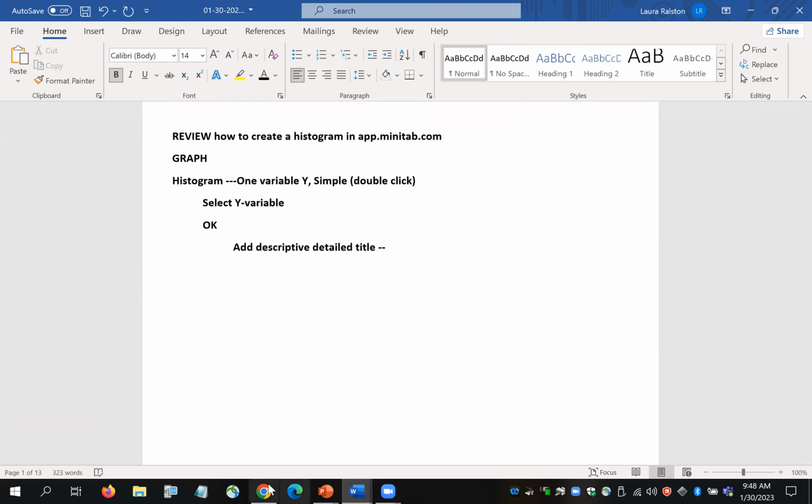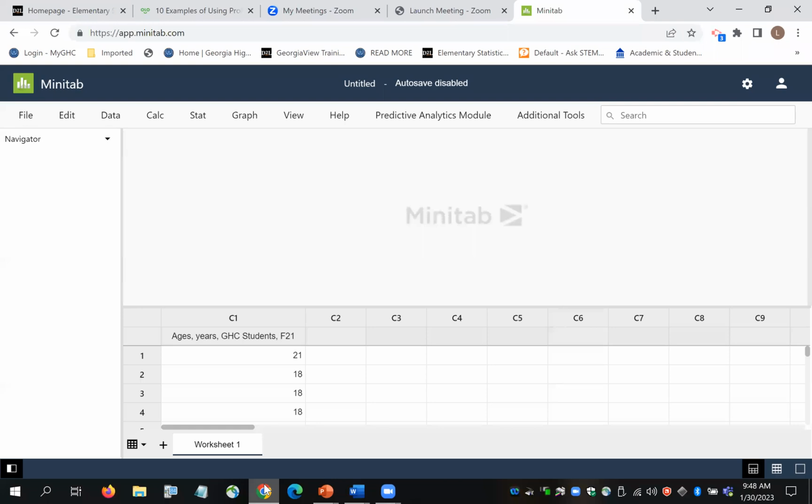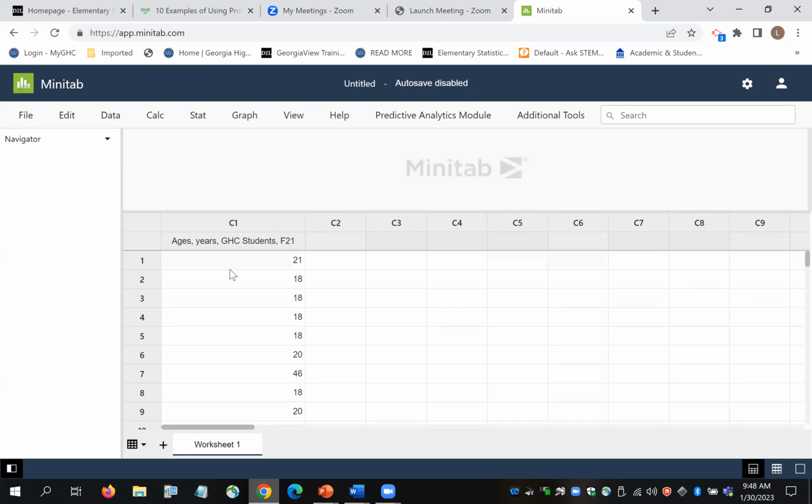All right, so I'm going over to Minitab. I have already typed the data in this morning to save time during our discussion. So I have in column 1, in the lower half of my screen, the ages in years of GHC students in fall 21.